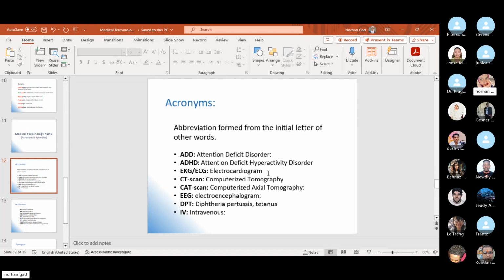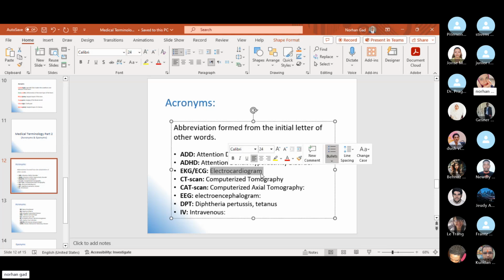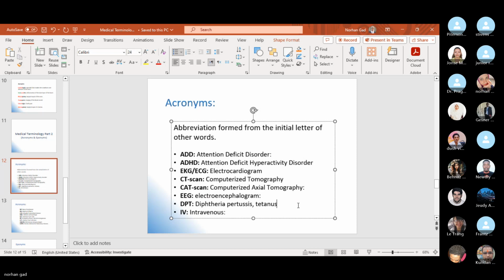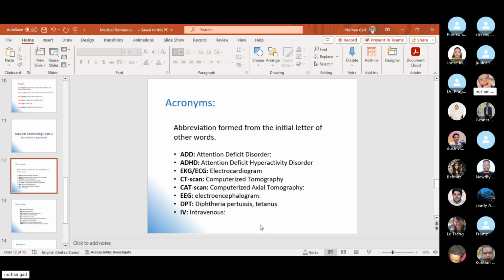If they cannot use it, at least they know the name of the procedure they had, the name of the disease they're having, the name of the shot that they had, what are the three diseases that this shot, for example, is saving them from or immunizing them against.